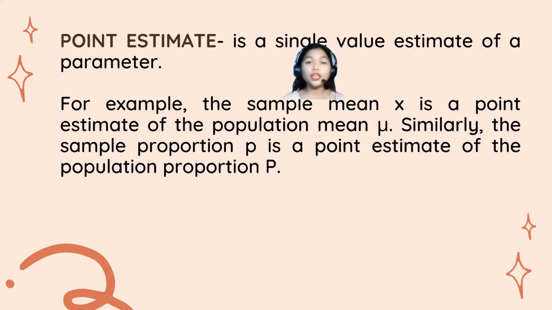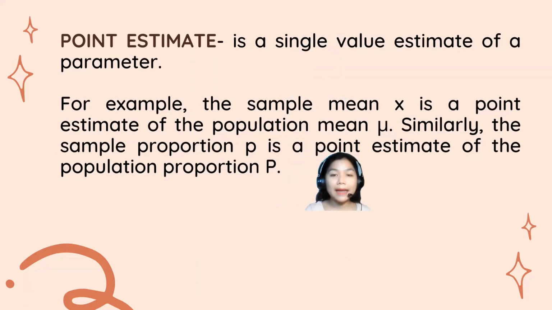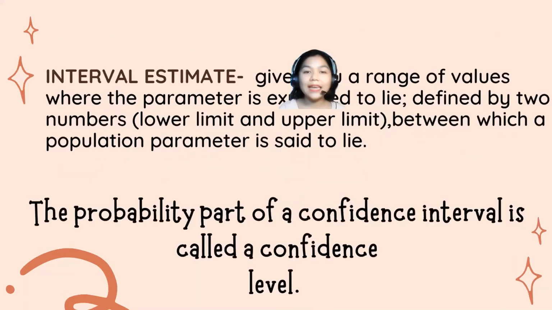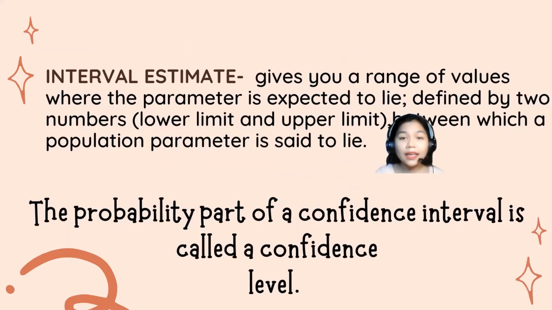So kung population mean mu yung tinutukoy, ang point estimate niya ay ang sample mean na x bar. Yun yun. Similarly, the sample proportion p hat, or the small p, is a point estimate of the population proportion denoted by capital P. Meanwhile, interval estimate gives you a range of values where the parameter is expected to lie.